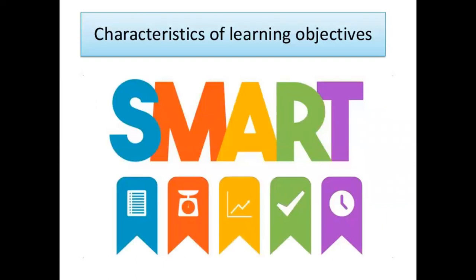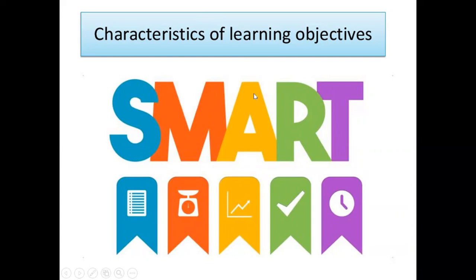So coming back to the construction, the mechanism of constructing the learning outcomes. Just revising the acronym which we call SMART. Our objectives should be very specific, and these characteristics distinguish them from the goal and aim, which is very broad. It should be measurable.